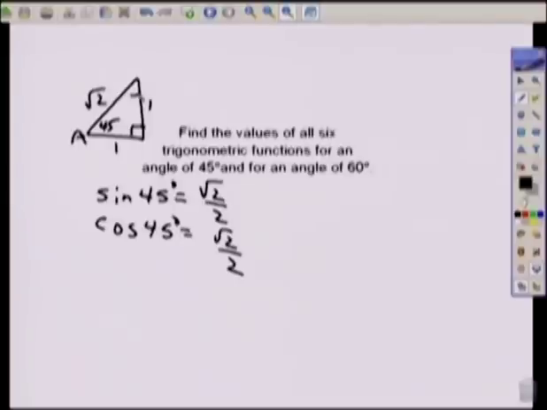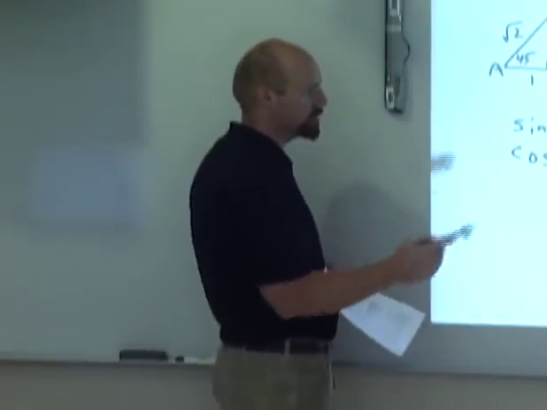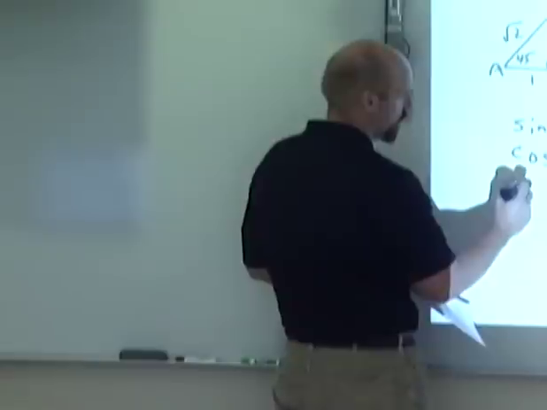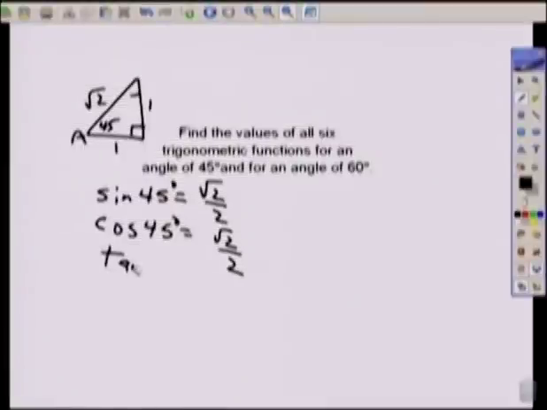I'm hoping some of you have already been able to make that connection between sine and cosine values in our triangle. Tangent of 45 is going to be 1 over 1, which is 1. And then I like to write their partners that go with them. So sine goes with cosecant.